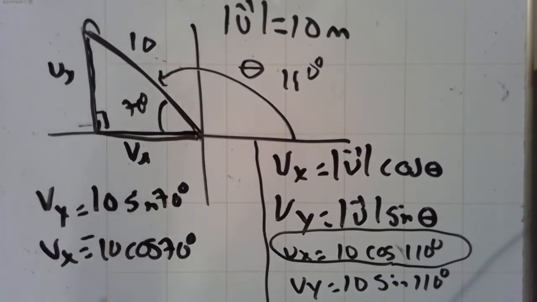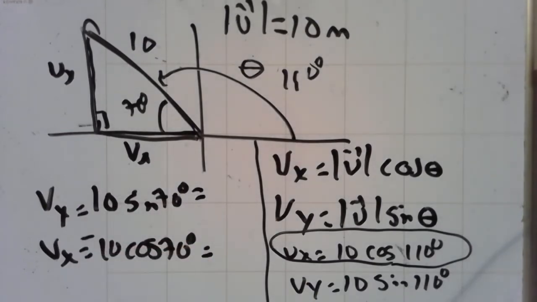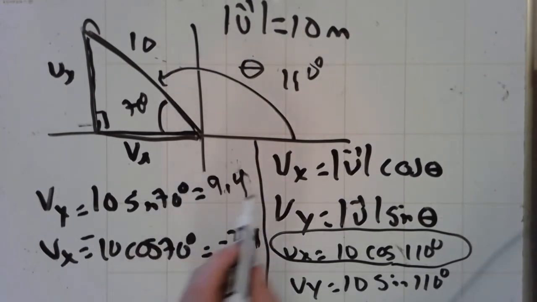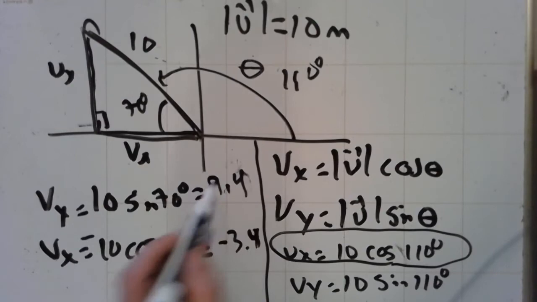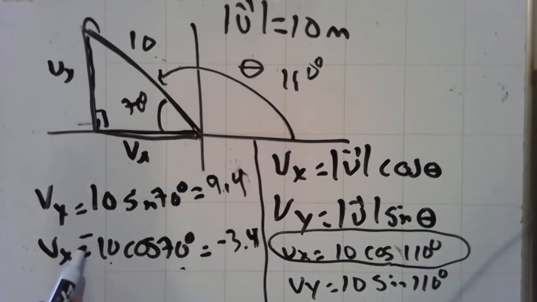And then we type both of those in our calculator, and we get these numbers. Try this on your own. Vy, 10 sine 70, 9.4. Vx, I do 10 cosine of 70. That gives me 3.4. I have to put in the negative myself.